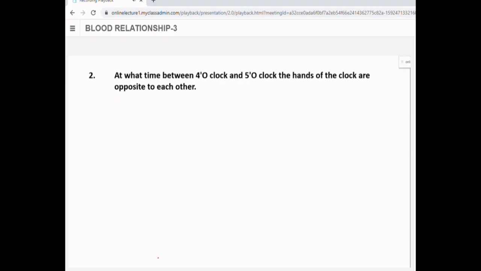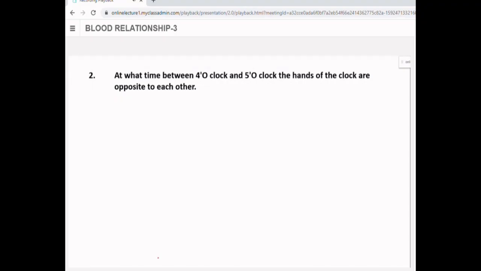Exactly at 4, where will be the hour hand? At 4 means how many minutes? 20.